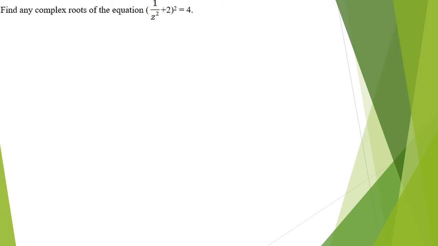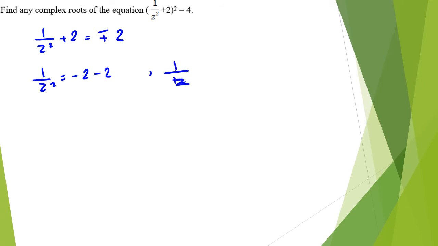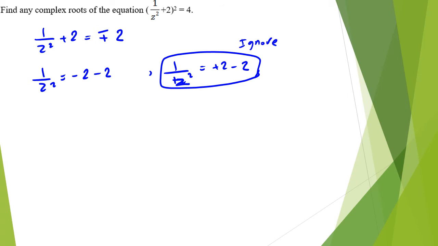Alright, so the first step, I would square root both sides. So you end up with 1 over z squared equals positive or negative 2. Then rearrange to have z on one side of the equation. You will end up with either 1 over z squared equals negative 2 or positive 2 minus 2. This one will give you 0, so you ignore that solution.